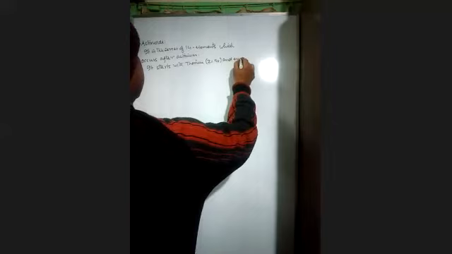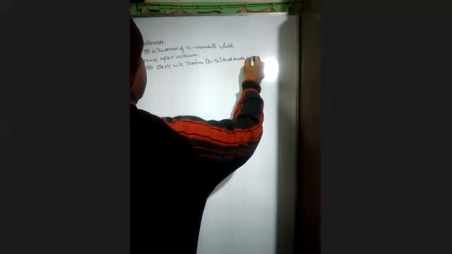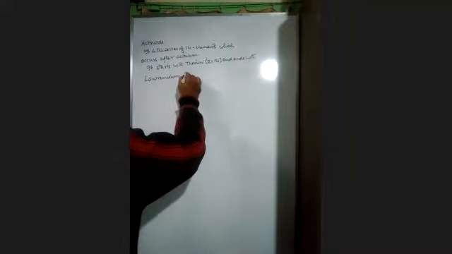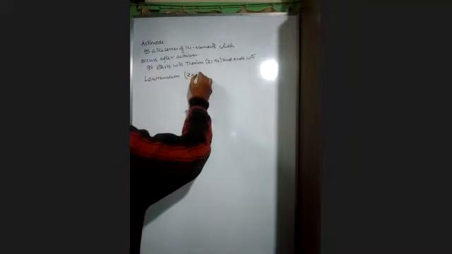And ends with Lawrencium, Z is equal to 103. So what will be its electronic configuration?